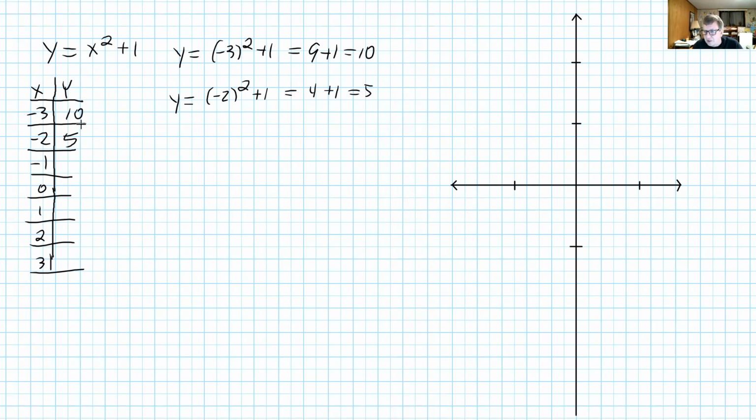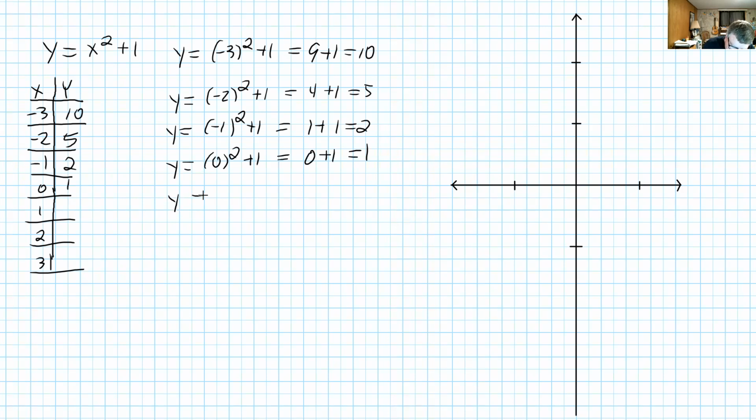And again, if you have any questions about my calculations or anything, please speak up. If x is -1, y equals -1, the quantity squared, plus 1, which is 1 plus 1, which is 2. If x is 0, y equals 0 squared plus 1, which is 0 plus 1, which is 1.